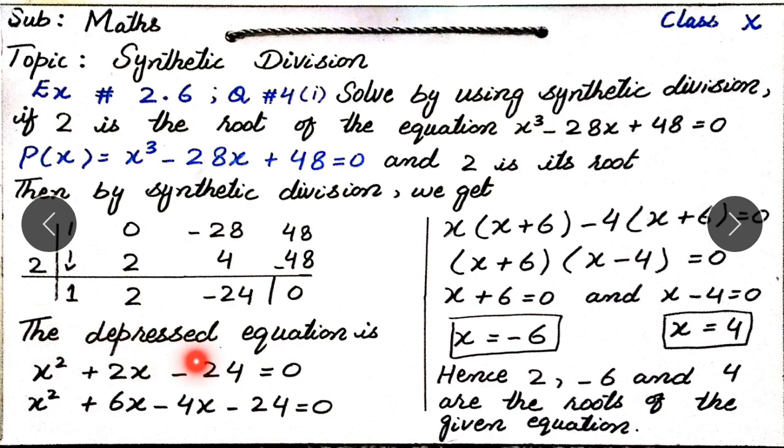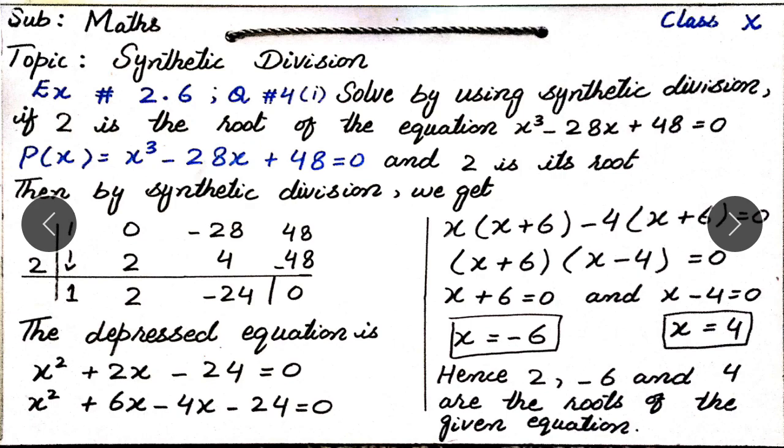So what is written here? The depressed equation is, meaning this quotient: when you divide the equation by one of the factors or roots, whatever you get as the quotient is named the depressed equation. So we can make a depressed equation here: x square plus 2x minus 24. As I told you, when you divide this polynomial, it is reduced by 1 degree.